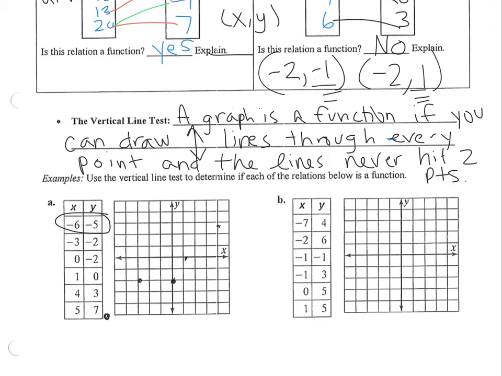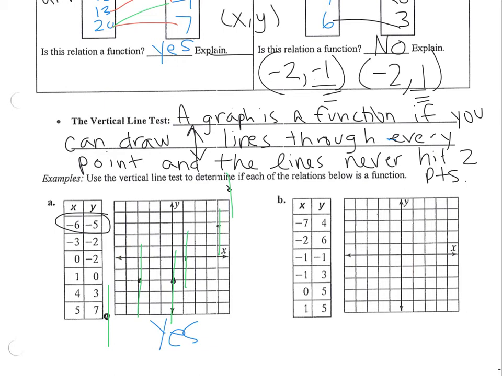So what the vertical line test is saying is that where all these points are, I'm going to draw vertical lines, these green lines. And does this green line touch another point? No. Does this green line touch another point? No. Does this one? No. This one? No. This one? No. This one? No. So yes, it is a function.